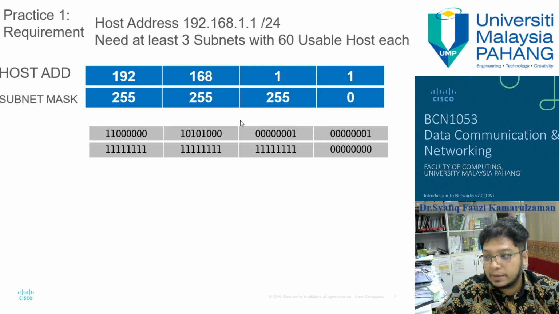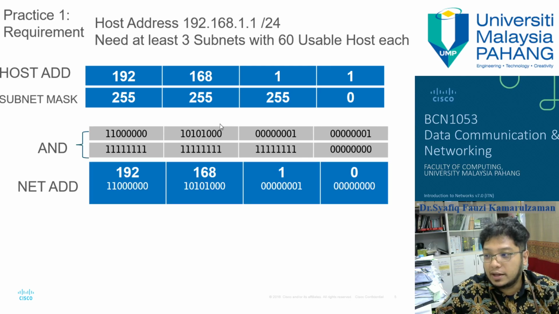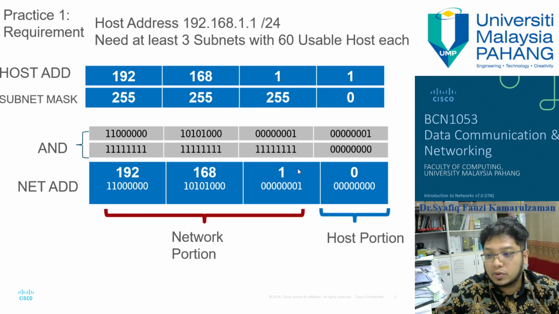So let's take a look at the binary here. When you AND the binary, what you will get is your network address, which is similar to the previous one, 192.168.1.0. Here, your network portion is the first 24 bits, and your host portion is the 8 bits at the back.